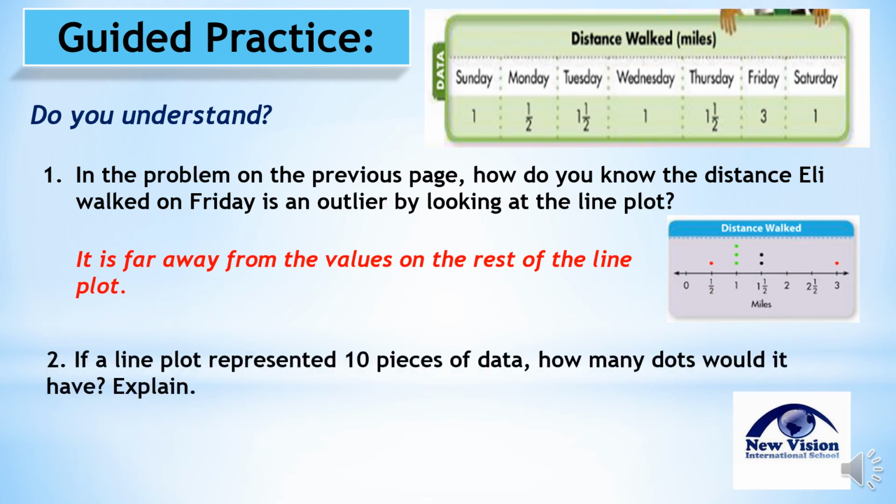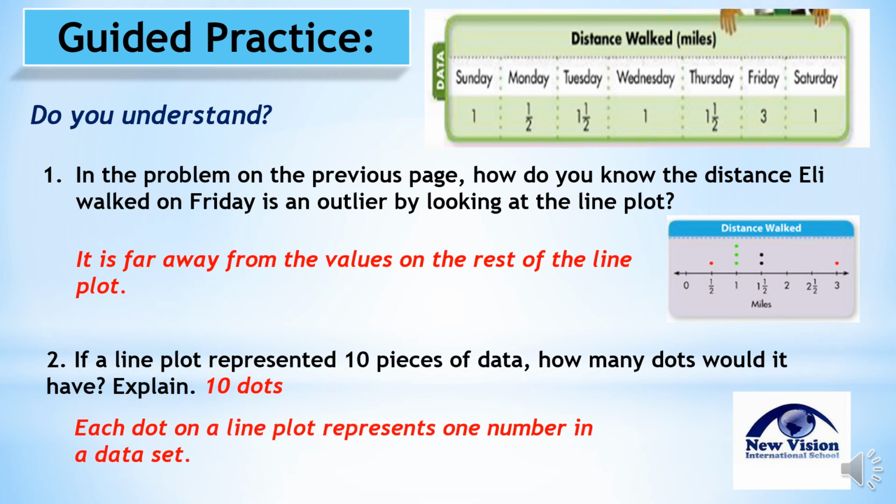Question number 2. If a line plot represented 10 pieces of data, how many dots would it have? Explain. What will be your answer? Your answer should be 10 dots. Each dot on a line plot represents one number in a data set.